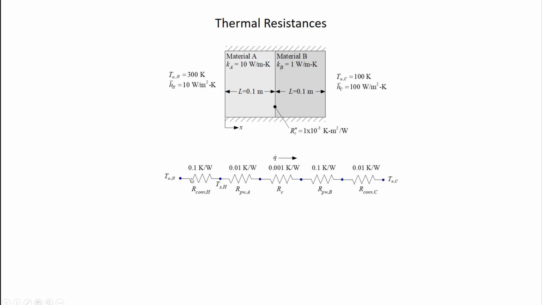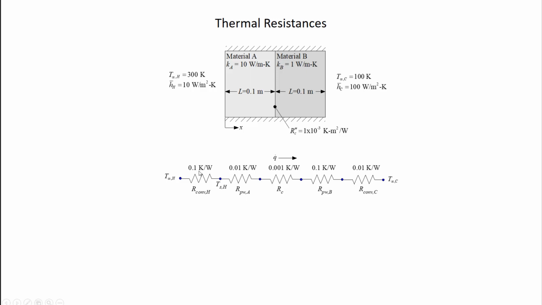So here, apparently, this convection resistance is much bigger than the resistance to conduction through here. So I'd expect a pretty big temperature change between the fluid and this surface, but not much of a temperature change across this material. And then this contact resistance is even smaller. It's basically negligible. I could just forget it if I wanted to. This resistance due to conduction through material B, though, is pretty big.